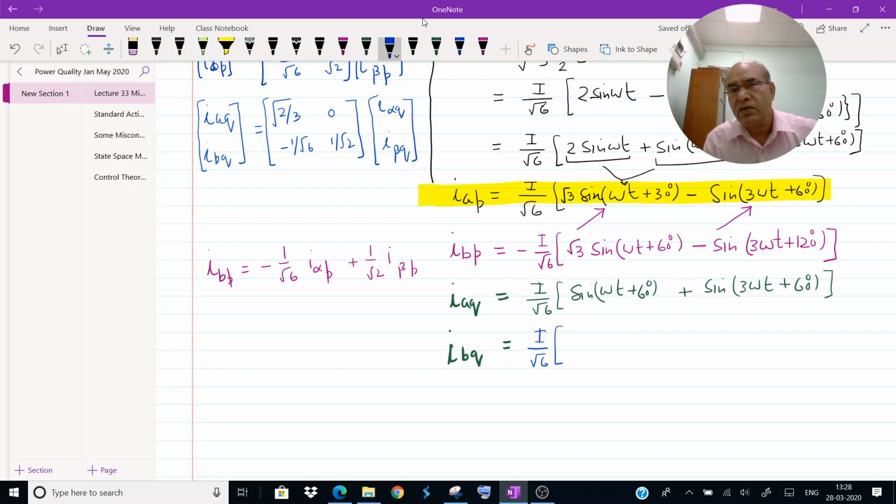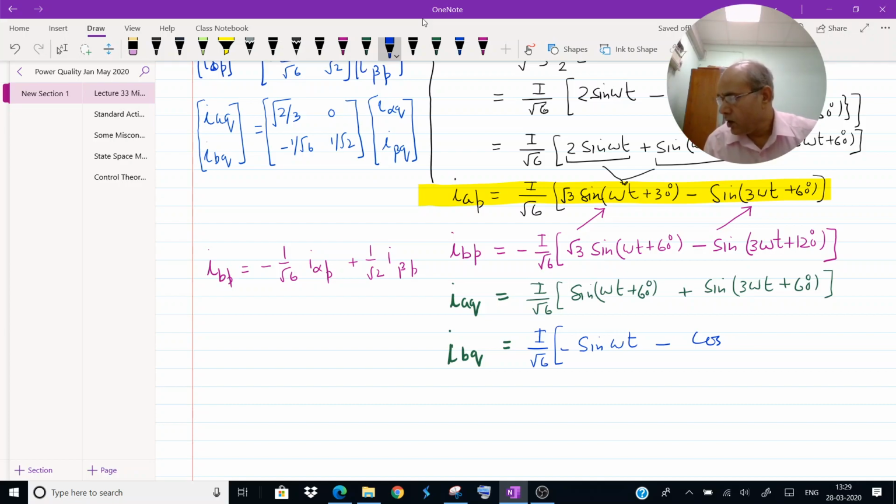Solve as we have done for the first one. We will get minus sine omega t, and minus cos 3 omega t plus 30 degree.